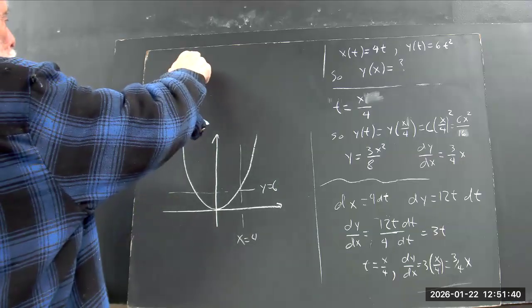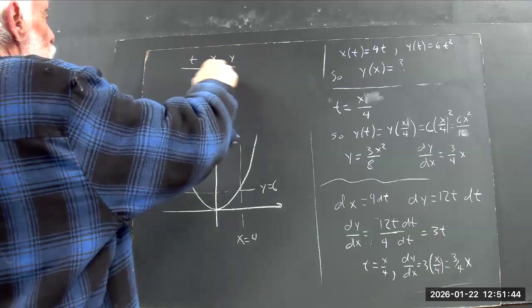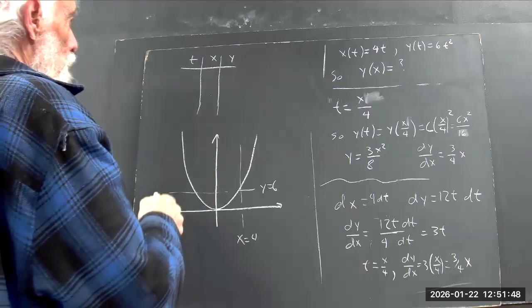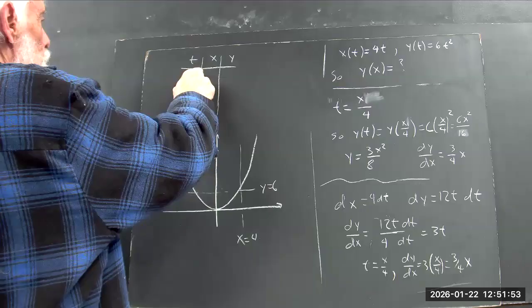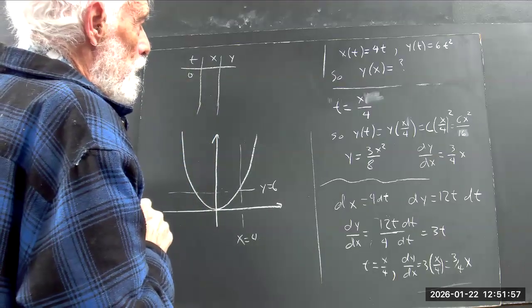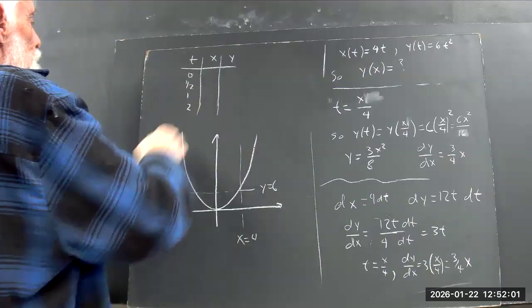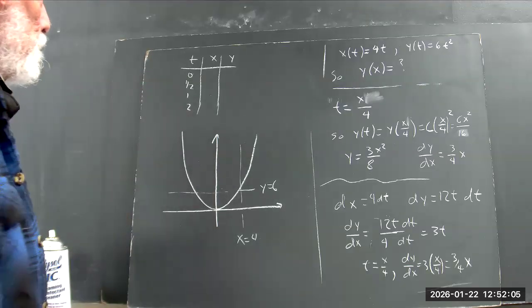If I was to make a table, take a few times like 0, since we're squaring t, let's let t be 0, 1/2, 1, 3/2, 2.